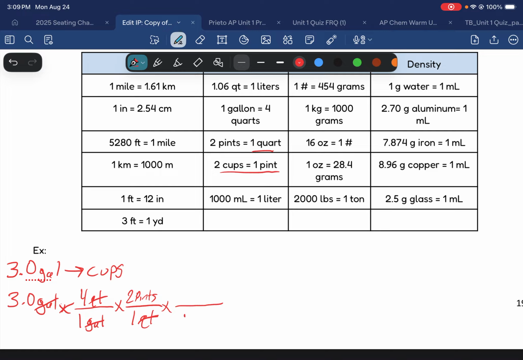For every 1 pint, you have 2 cups. And now you just multiply straight across to get your answer. So 3 times 4 times 2 times 2 is going to give you 48 cups.